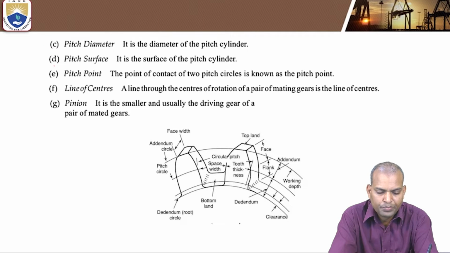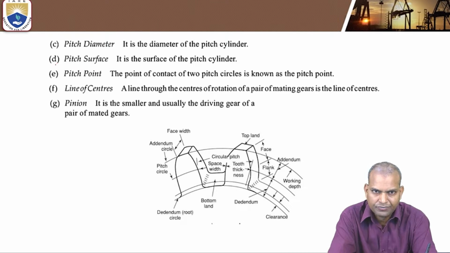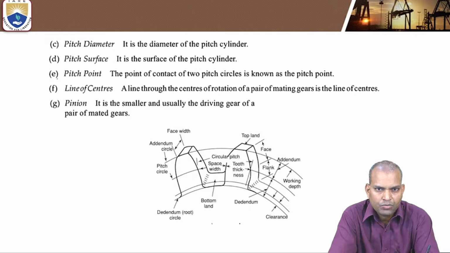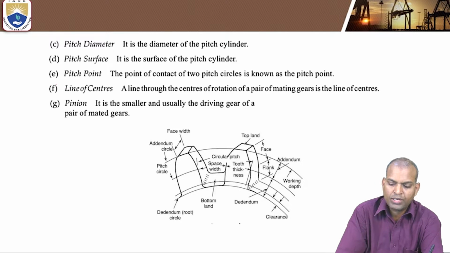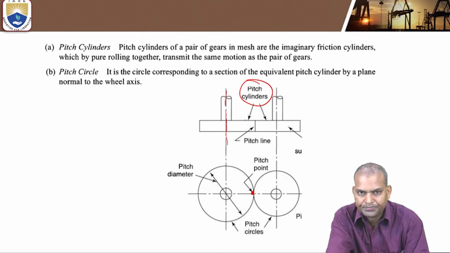Another term is called pitch surface. Pitch surface means the surface of the pitch cylinder. Very simple meaning. What is the pitch point? The point of contact of two pitch circles is known as the pitch point. We can see here, this is the pitch point.